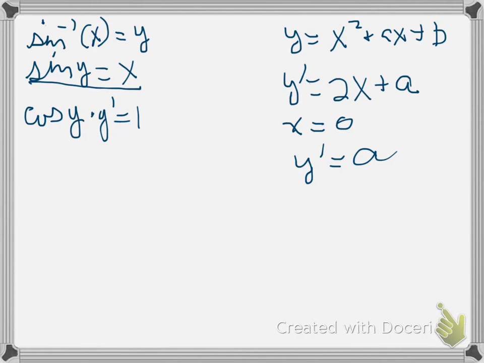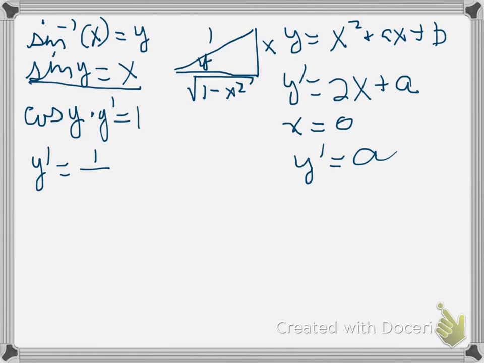Well, if I take this sine of y equals x and I draw my little reference triangle, sine is opposite over the hypotenuse. There's my angle. So that makes this the square root of 1 minus x squared.